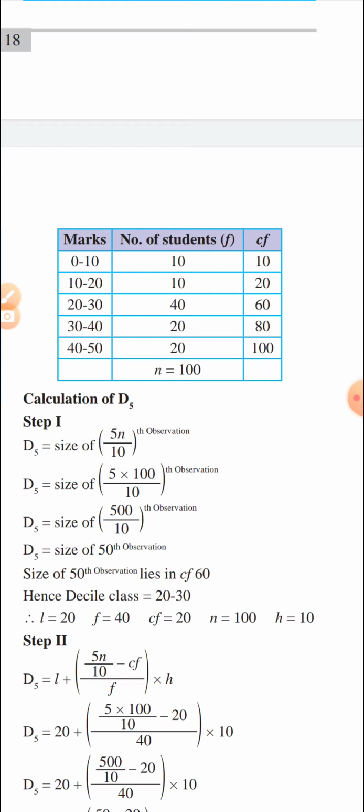First we have to find out the value of deciles. So how do we find out the value of deciles, and why do we find it in case of continuous series? To find out the decile class and various values.